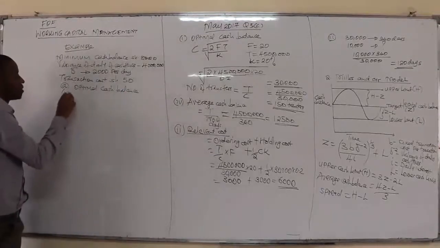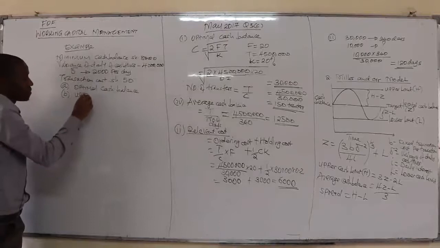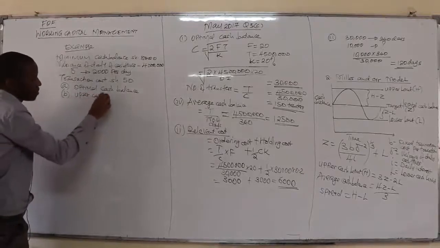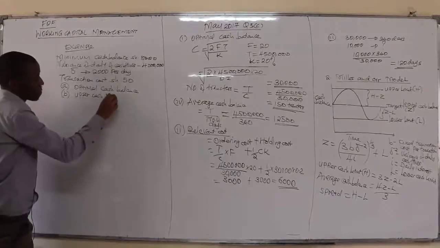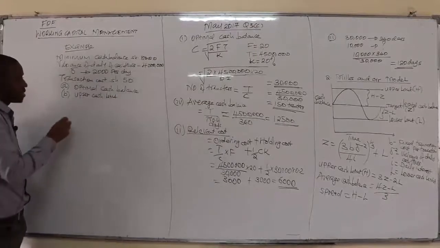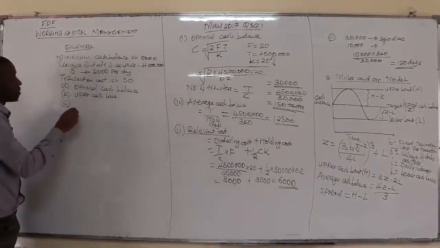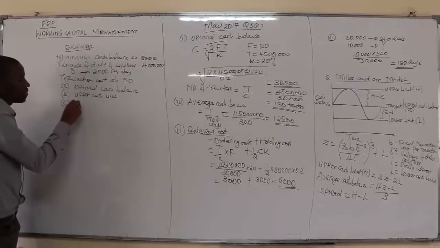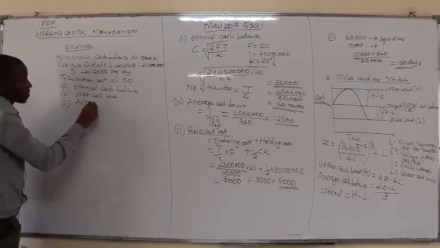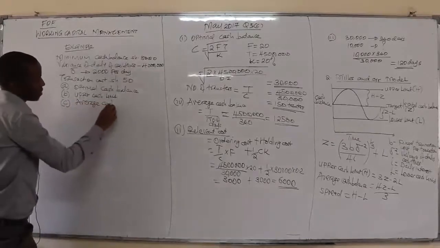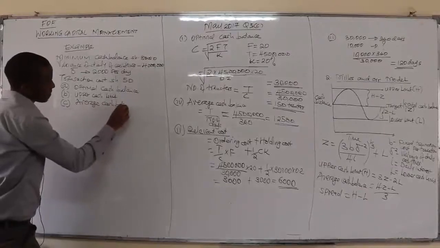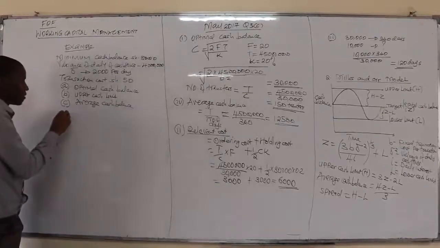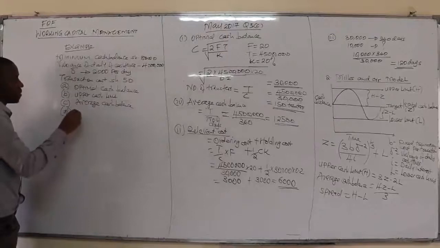B, the upper cash limit. C, you also have the average cash balance. And number D, what we call the spread.